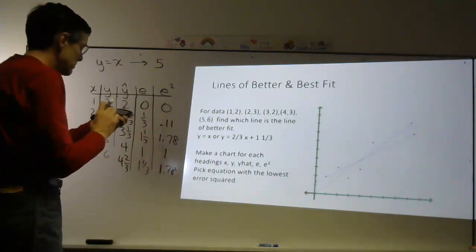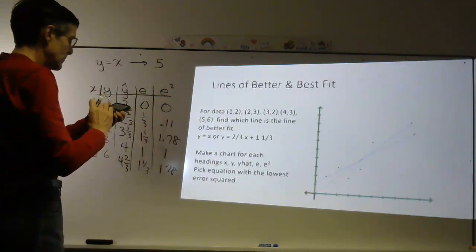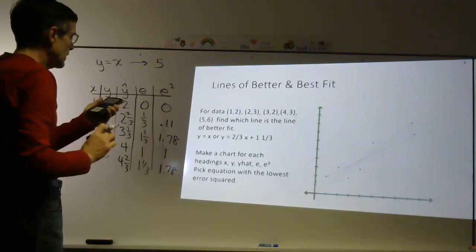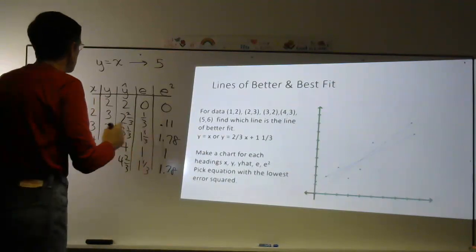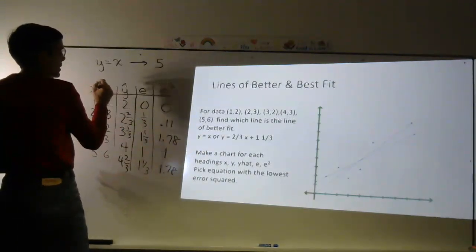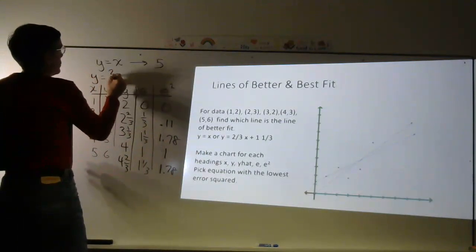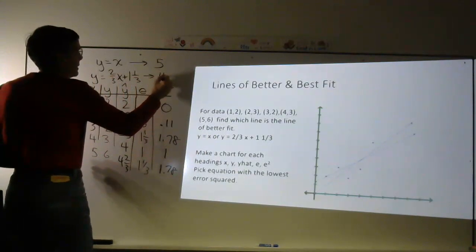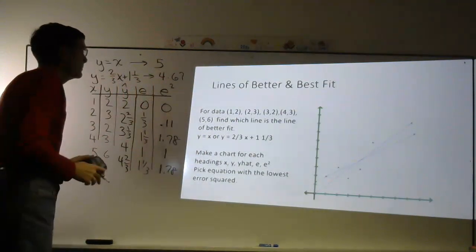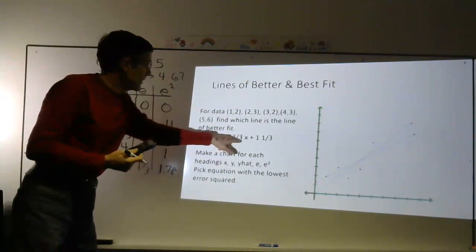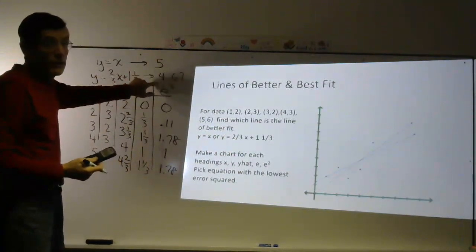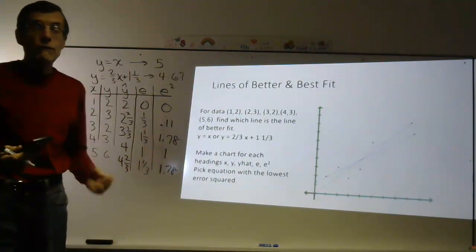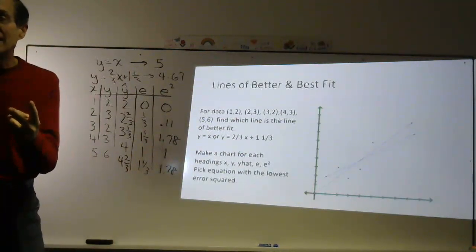You add all these up, and I get a total error of 4.67. So the equation y equals 2/3 x plus 1 1/3 has an error of 4.67. The second one has less error than the first one, so it is the line of better fit out of the 2 lines that I gave you.